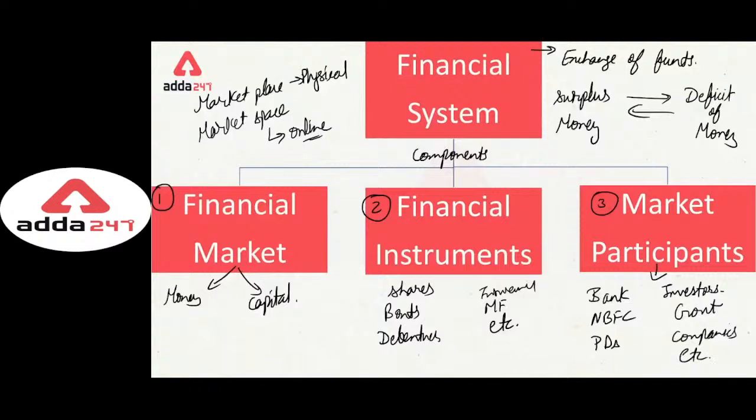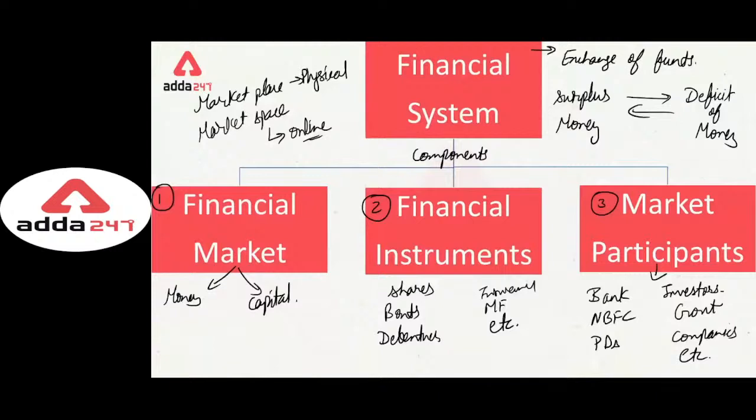So what we have seen is that the financial system is the system where the exchange of funds take place. Okay. And this exchange requires three components. First is financial market, the place or platform in which you will exchange funds.